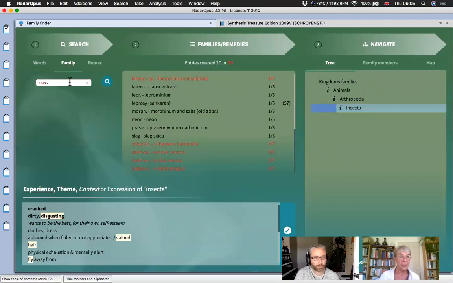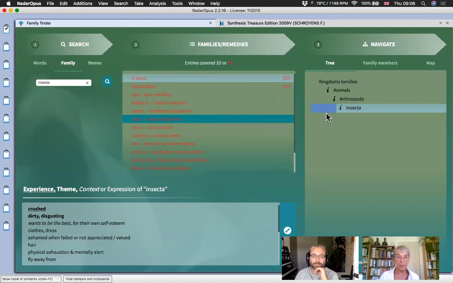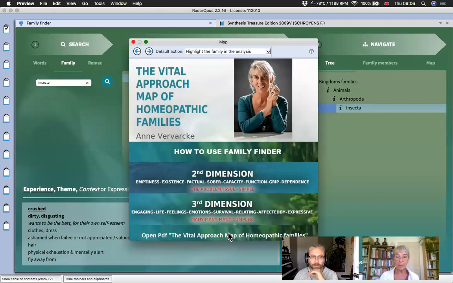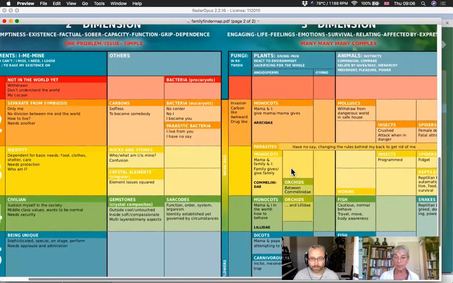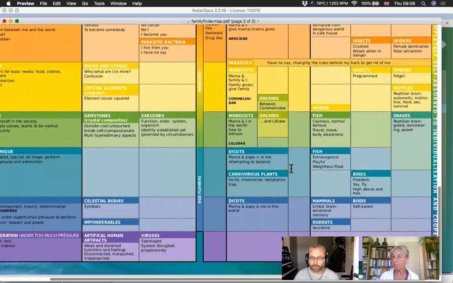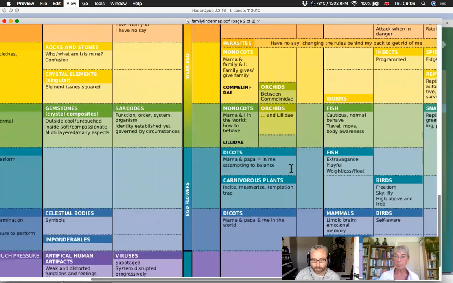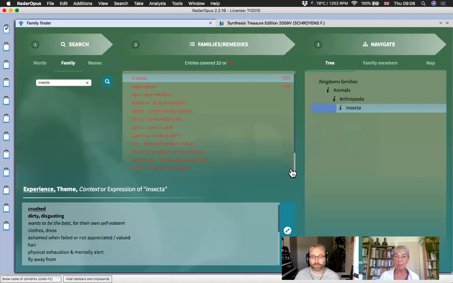So if you don't know which families are in the Family Finder, you just go to the map and take a look, and then you'll know what's there. And then you say, okay, today I'm going to study insects or viruses or mammals or rodents, and that's a good way to learn what's there.